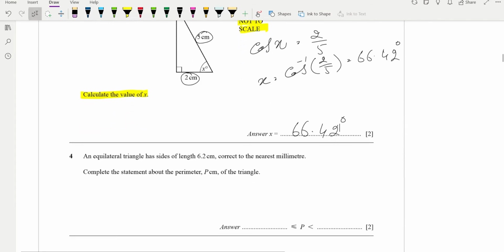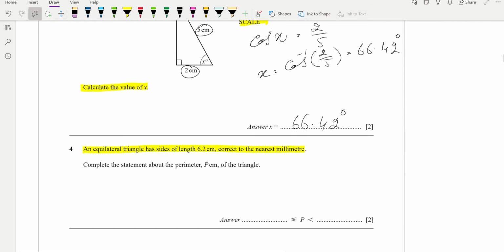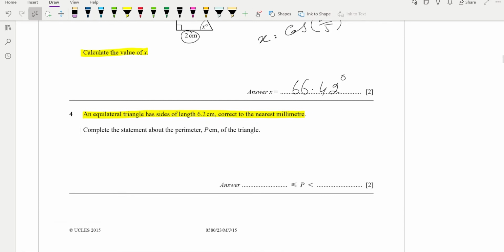Next, an equilateral triangle has sides of length 6.2 centimeters, correct to the nearest millimeter. Complete the statement about the perimeter P of the triangle.